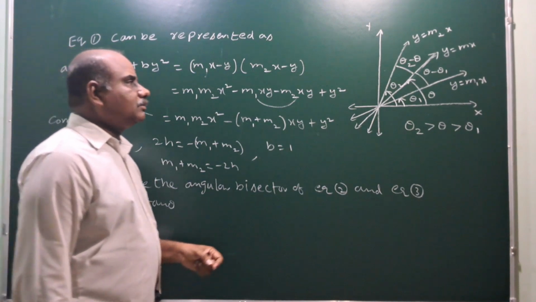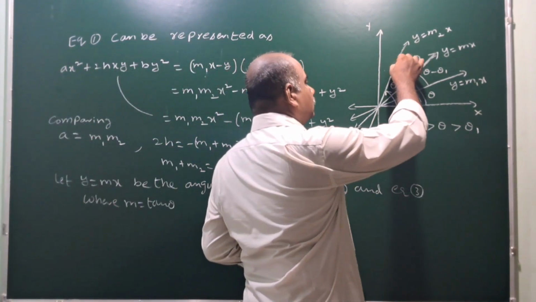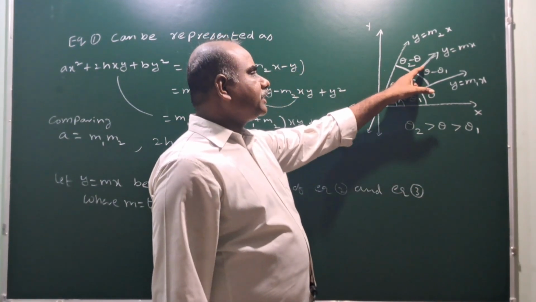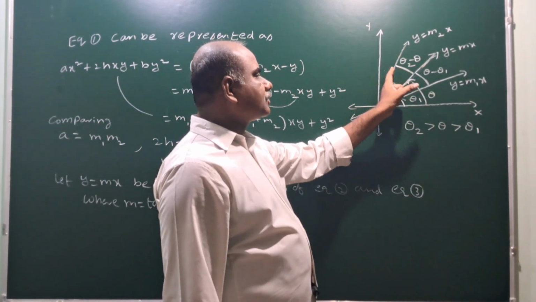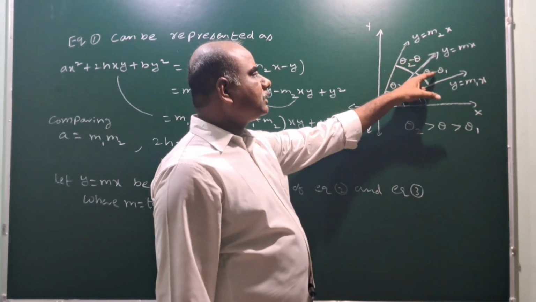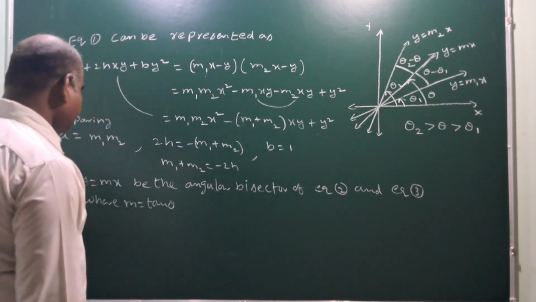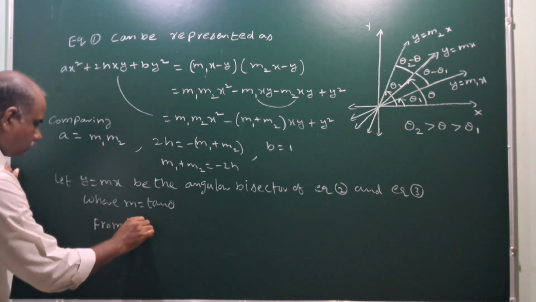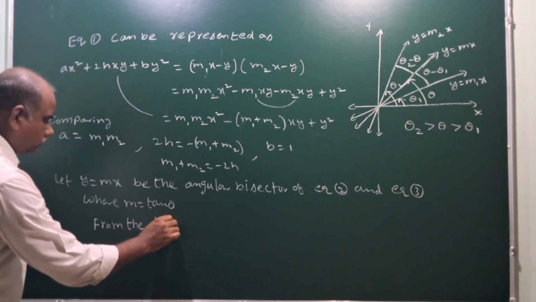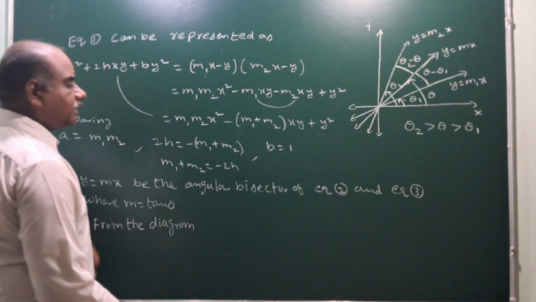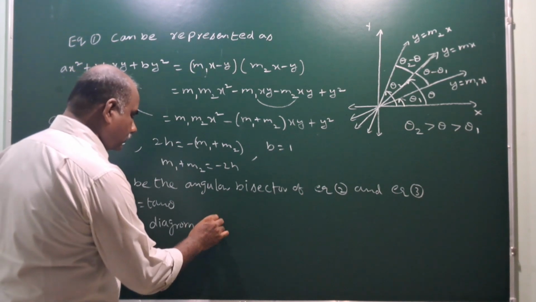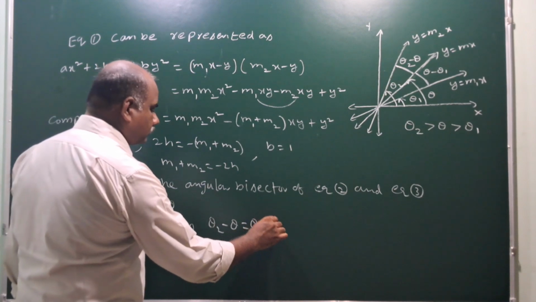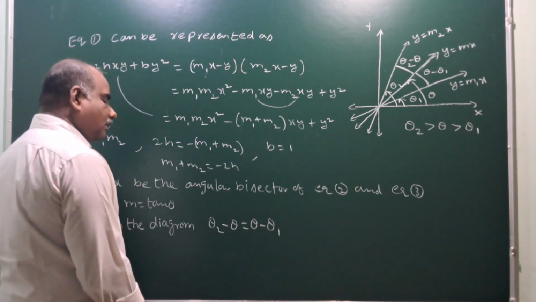So from this diagram, these two angles are equal, because this is the straight line which bisects the angle between these two straight lines. So from the diagram, theta 2 minus theta is equal to theta minus theta 1.